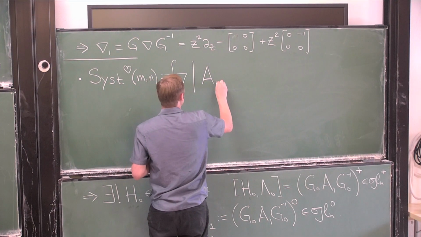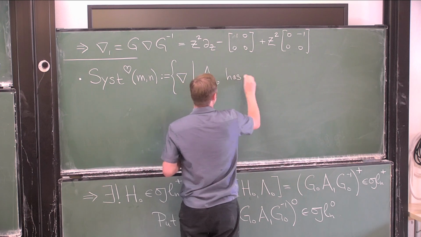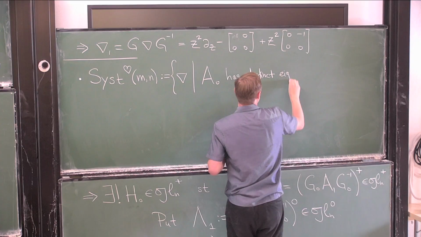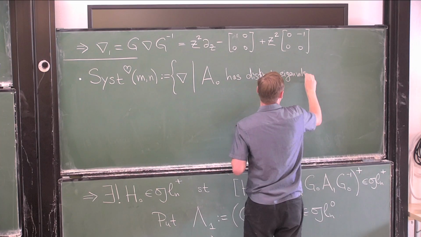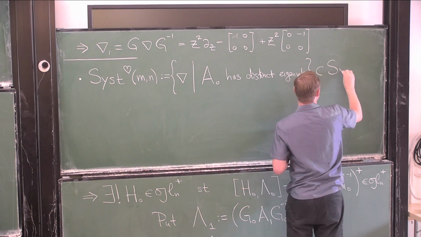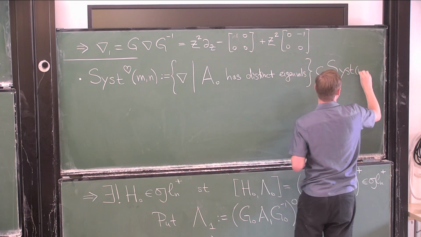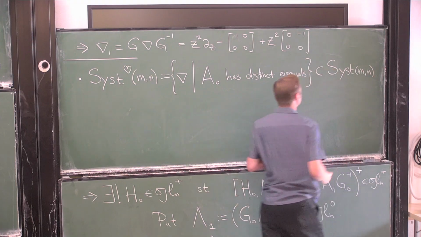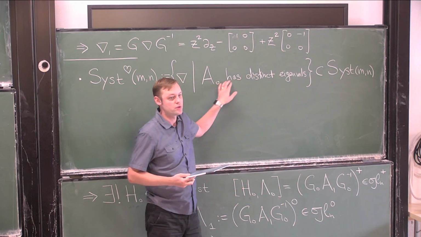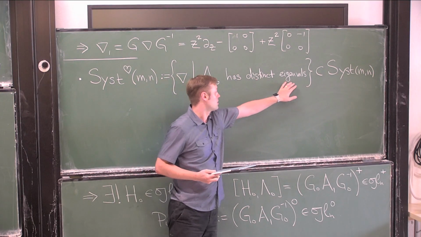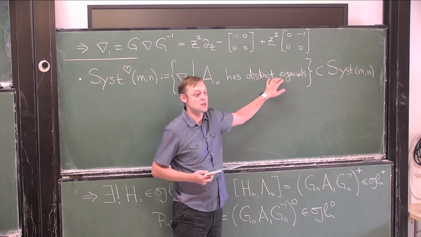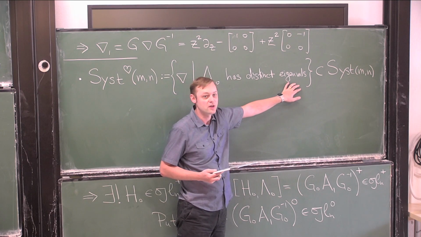So A naught has distinct eigenvalues, and this is a subset of all systems. And once again, the constraint that I'm imposing on my systems is given by just a bunch of algebraic equations, it just says that one eigenvalue cannot equal another eigenvalue.